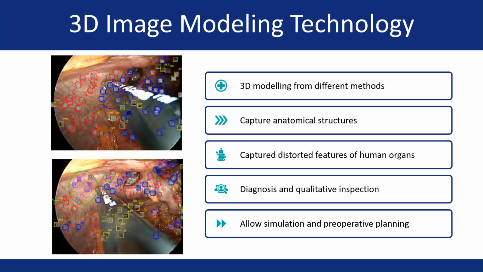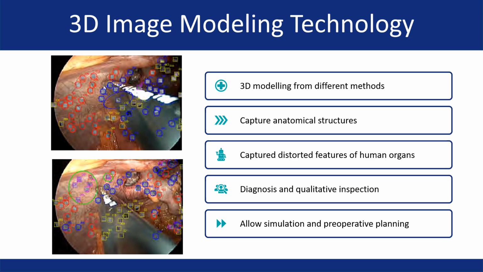3D imaging modeling technology. 3D modeling based on X-rays, CT, MRI, PET, and other medical images, and based on 3D image calibration and preoperative planning is a key technology for medical robots.